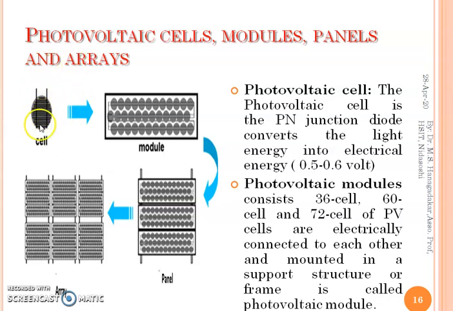When sunlight falls on such a unit, electrons move from the valence band to the conduction band through the forbidden band gap, and the energy absorbed by the PV cell from the sun is expressed in terms of photons.